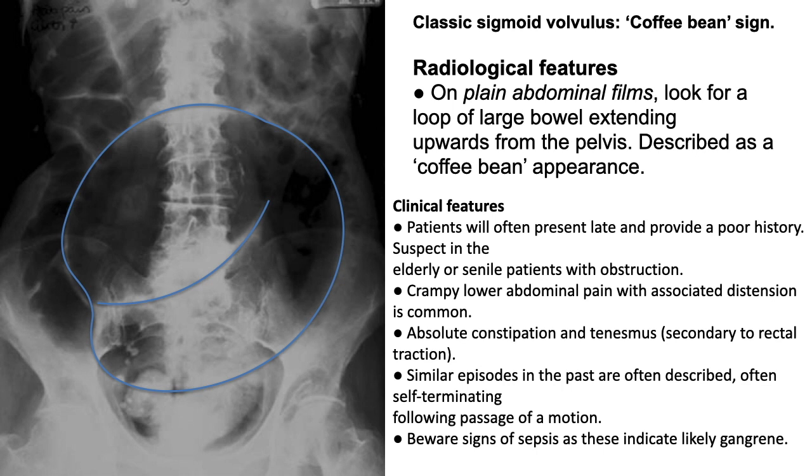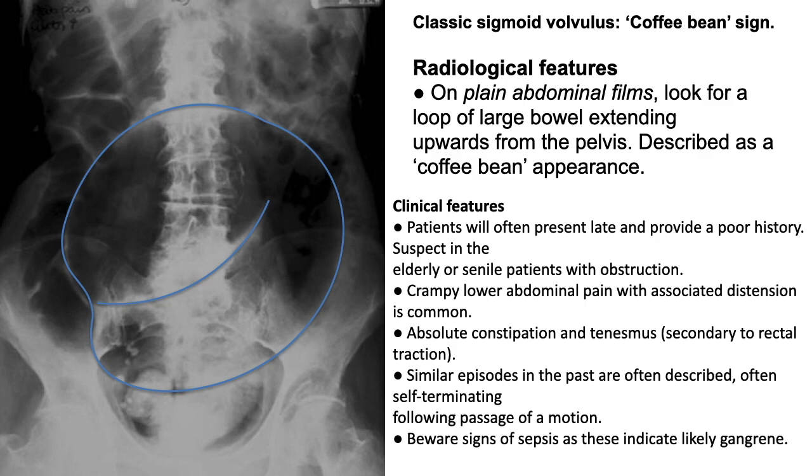Now there is another type of volvulus, not only sigmoid, because the reality is that any part of the gastrointestinal system can be twisted, from the stomach to the sigmoid.